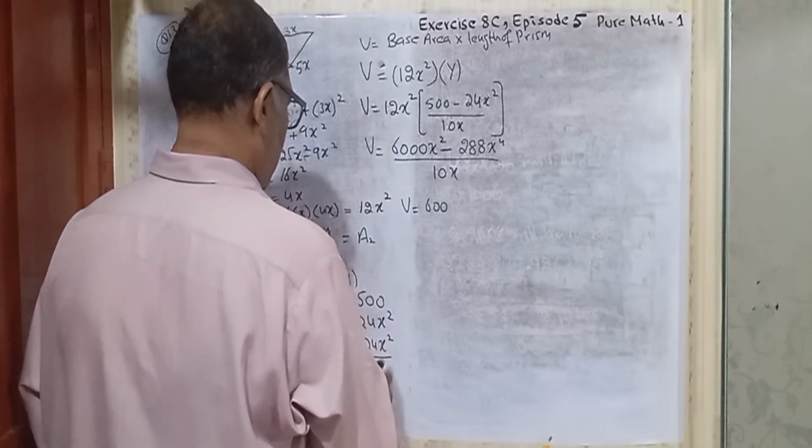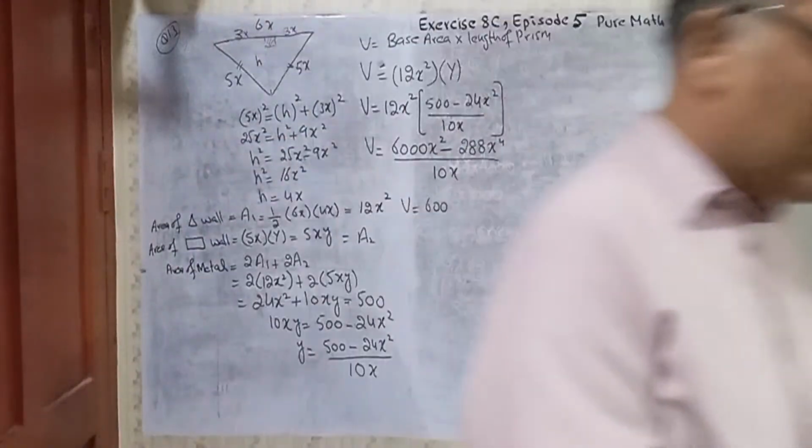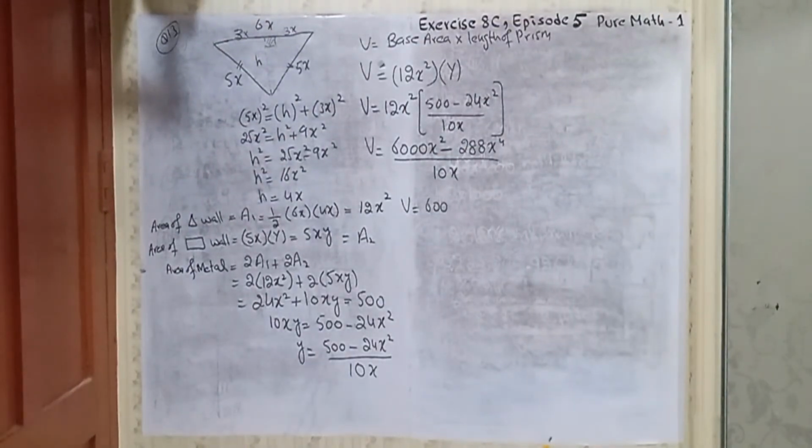The value of y is correct: 500 minus 24x square by 10x. The area of that triangle is 12x square, yes, that is true, and we multiplied it. Now this will become 600.